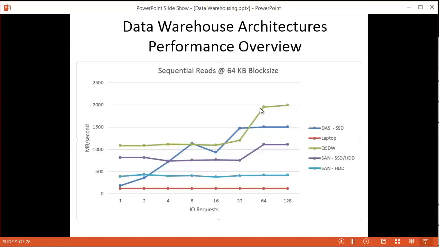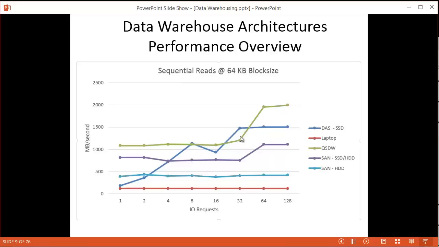This is just Dell's fast track reference architecture and appliance. So this is an appliance you can buy from Dell, and this is maxed out at about 2 gigabytes per second. That's why I've been using that number. So it gets the highest out of all these.